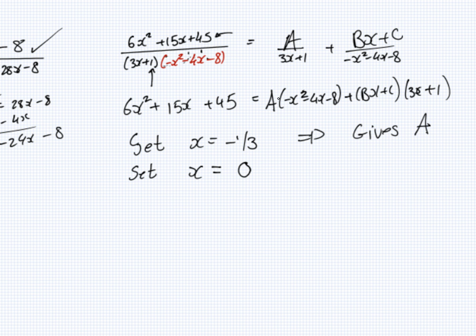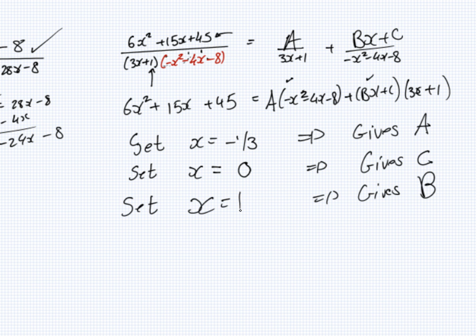We already know a, so what can I get from that? Gives me c, because this and this I know. And lastly, how to get b? Yep. In fact, it doesn't really matter, but x equals 1 will do just fine, because we know x, a, and c, so we can get the b.